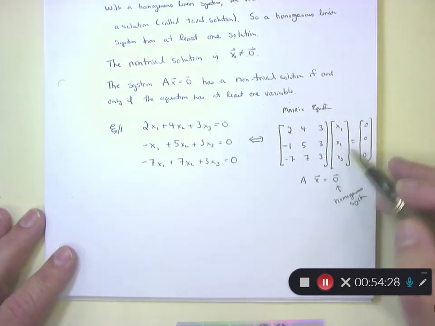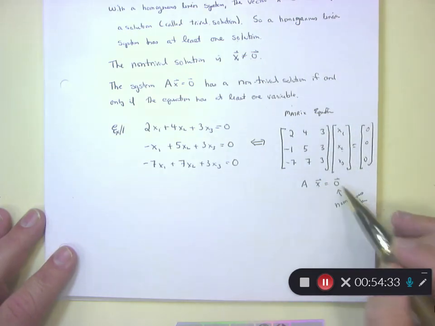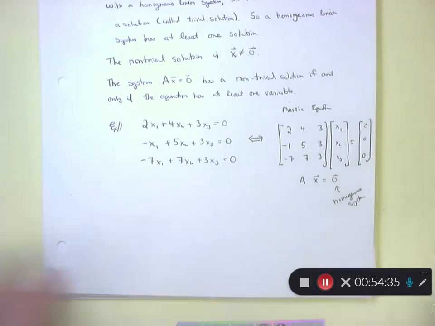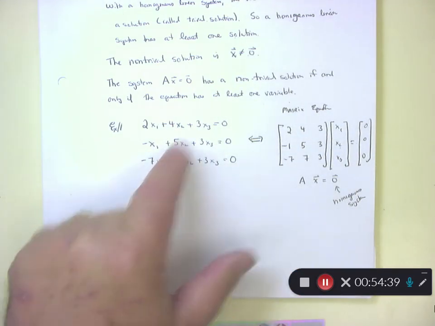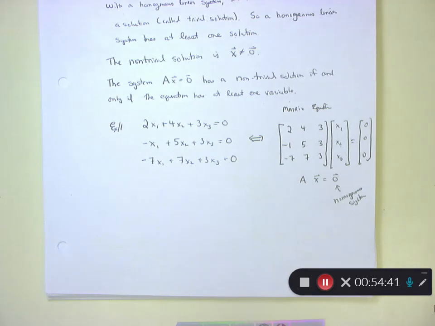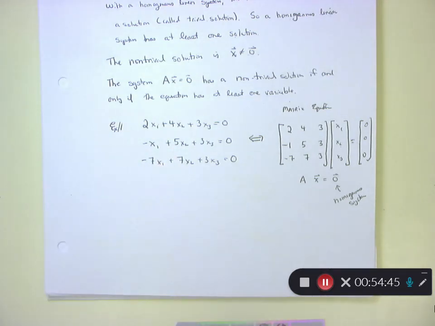That's where your vectors come from. And it's equal to the vector 0, 0, 0. So you get this Ax equals 0 homogeneous system written as a matrix equation. This is a system of equations. This is a matrix equation. And then from the matrix equation or the system of equations, when we want to solve this stuff, what do we do with it? We write it as an augmented matrix.